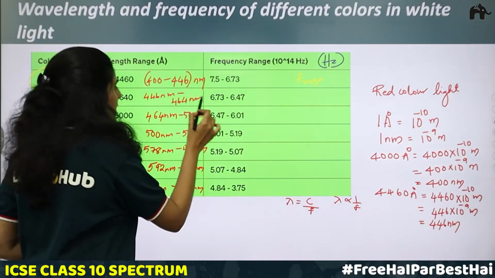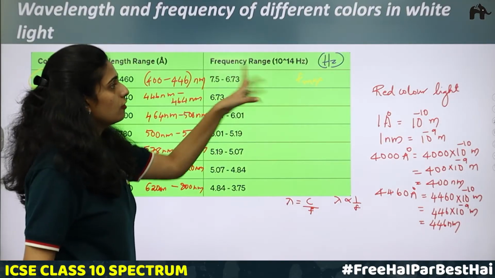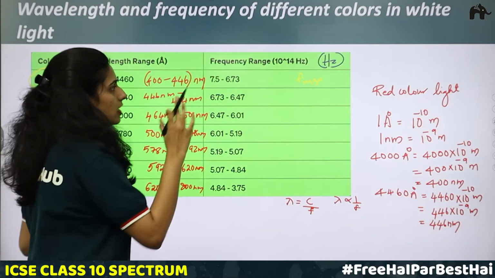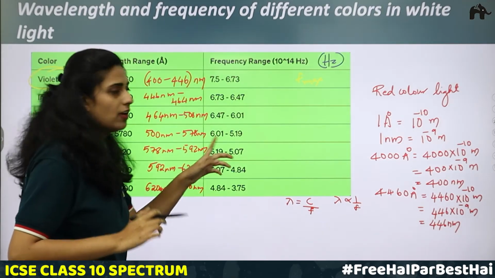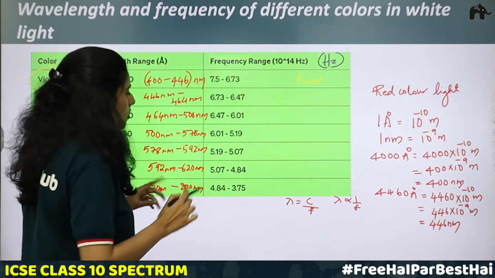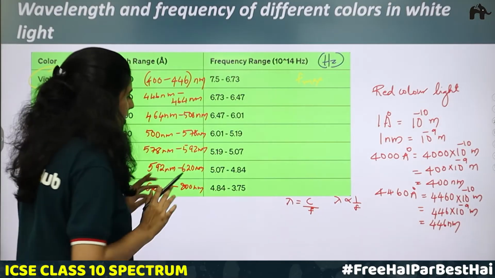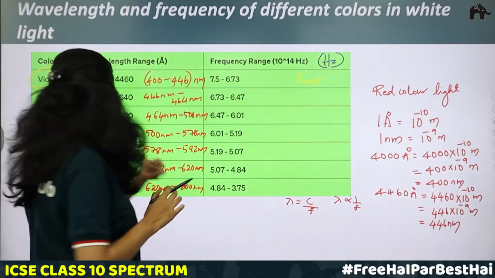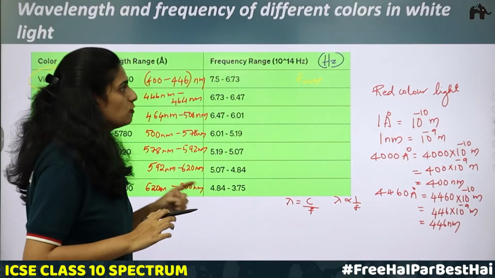Then indigo 6.73 to 6.47 into 10 raised to 14 hertz. After that blue 6.47 to 6.01, then green 6.01 to 5.19, yellow 5.19 to 5.07, orange 5.07 to 4.84, all into 10 raised to 14 hertz. Then you have red color 4.84 to 3.75 into 10 raised to 14 hertz.